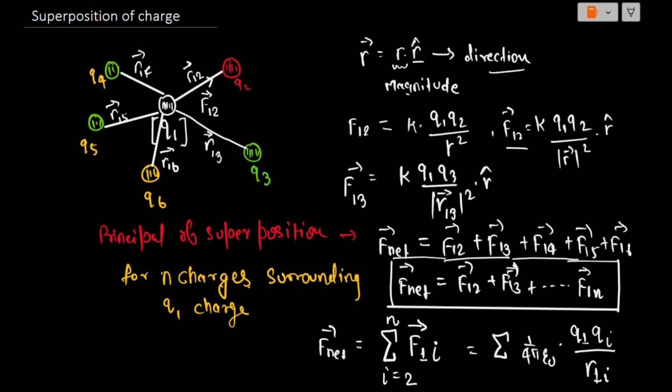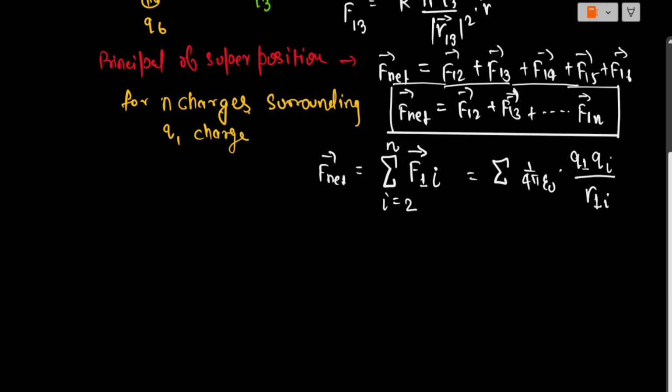Some charges are closer to the q1 charge, and some are farther from it. So the force is 1 over 4 pi epsilon naught q1 q2 by r squared, and now we also have to write i is equal to 2 to n.